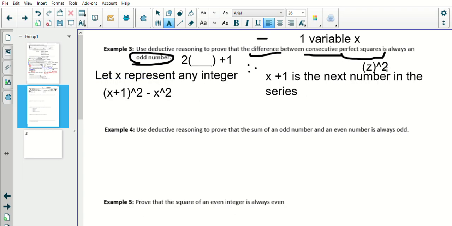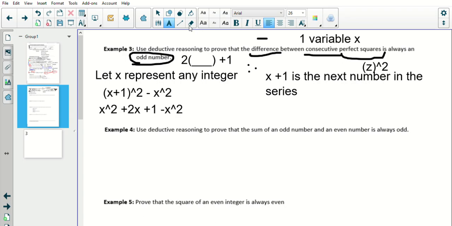And I'm aiming for something to be 2 something plus 1. Okay? Nothing more I can do. Can I multiply and expand this out? I can. So if I take x plus 1 and square it, what I'm going to get is x squared plus 2x plus 1, and that's subtract x squared. Okay?